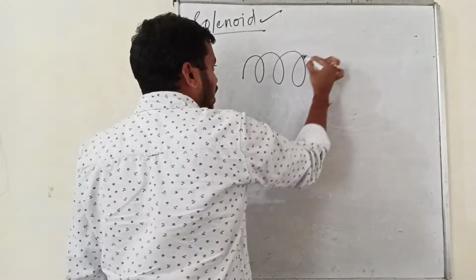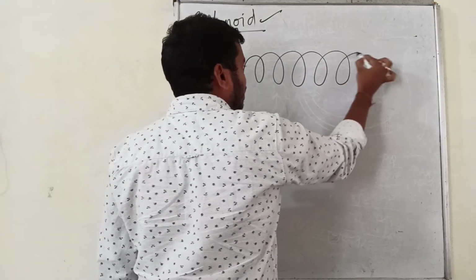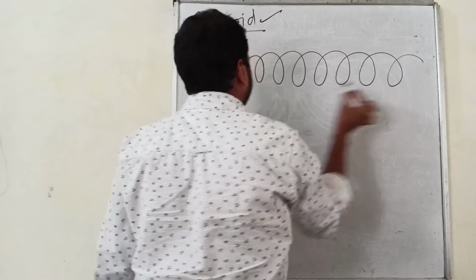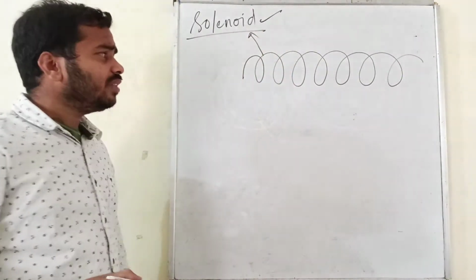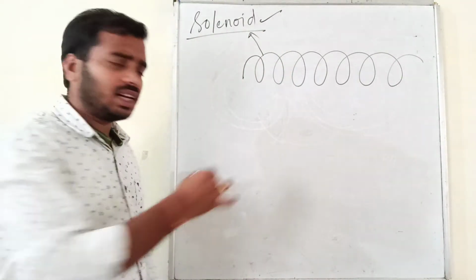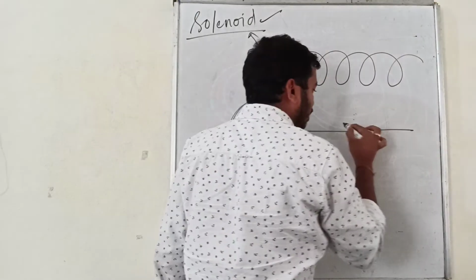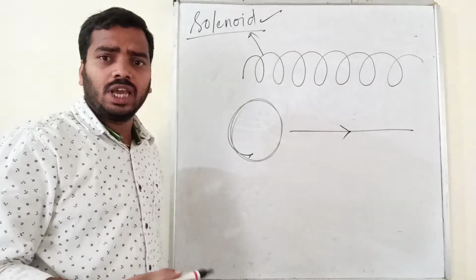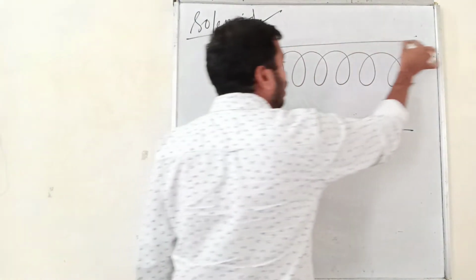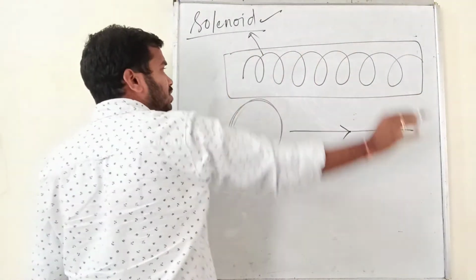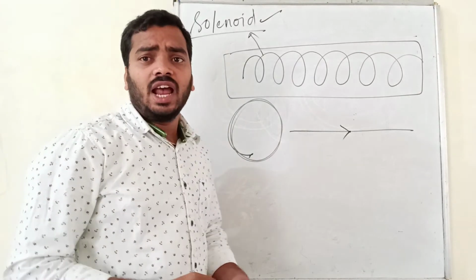You can see a shape like this, which is called a solenoid. So how can we make this kind of solenoid? Making a circular loop is very easy. Making a straight wire is very easy. But how are we going to make this solenoid to observe the magnetic field lines around it?